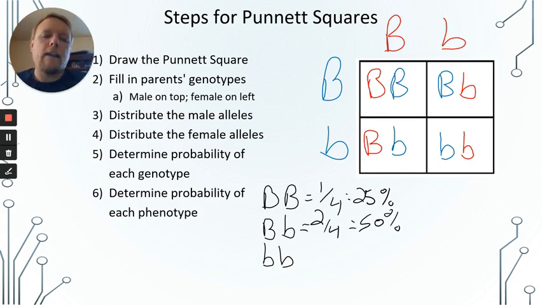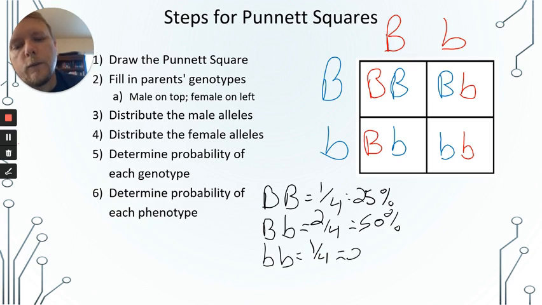Okay. And then finally, the last one, lowercase b, lowercase b. We are going to see how many squares that's in. We see that it's only in the bottom right. So that means it's a 1 in 4 chance, which is equal to 25%.